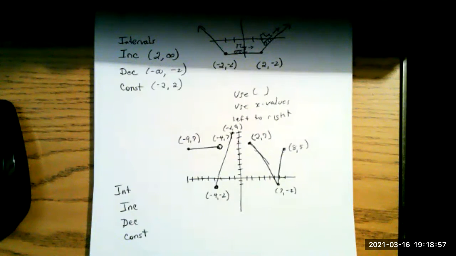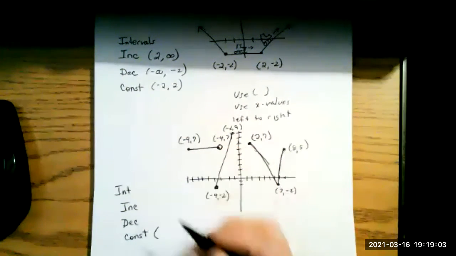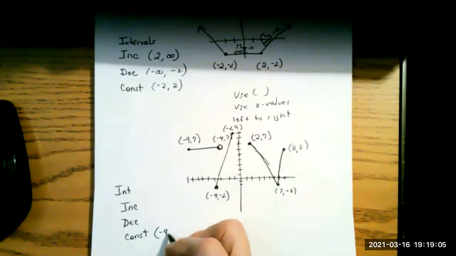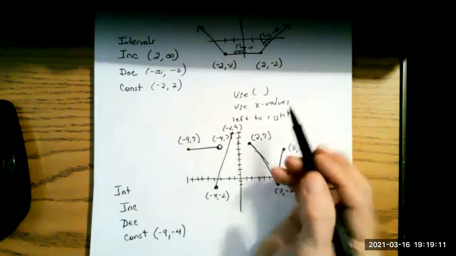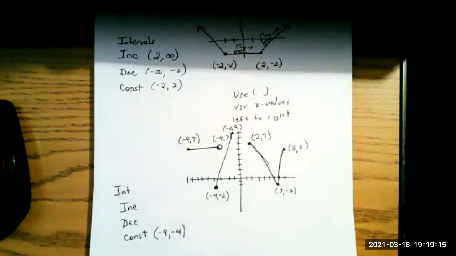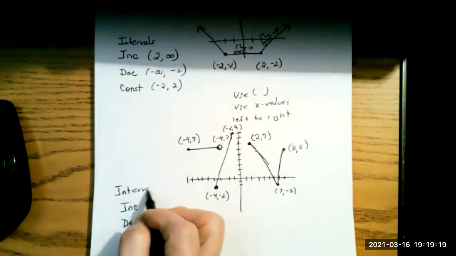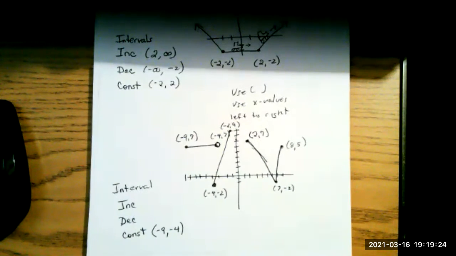Constant is going to be -7 to -4. That's a 9, -9. So negative 9 to -4, but no bracket. Remember intervals. Use only parentheses, use the x values, and go left to right. Remember intervals. You're thinking of range and domain. Okay, that's the only constant there is.